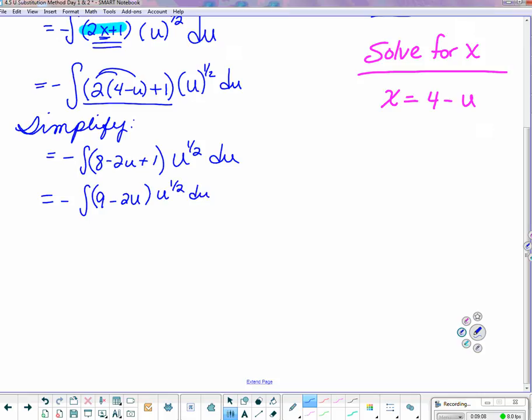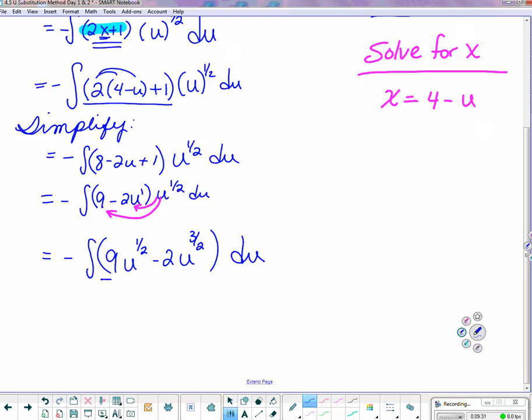And now we've been dragging these parentheses along. Now let's finally approach the multiplication that needs to occur and multiply by that u to the 1/2. So I'm going to end up with 9u to the 1/2 minus 2u to the first plus a 1/2 gives me a 3/2 du.